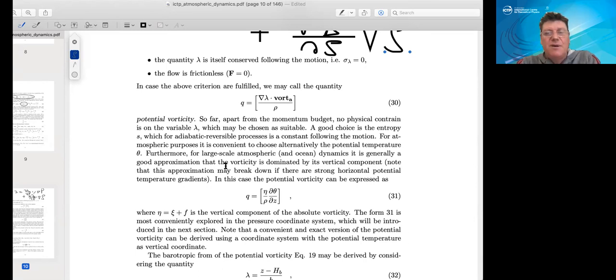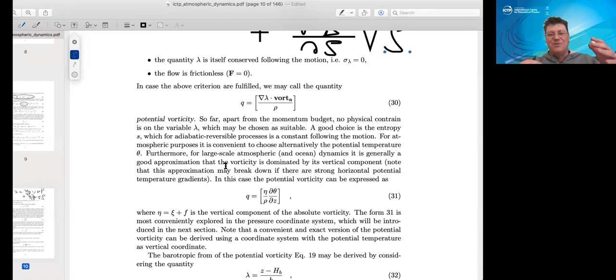And it's very, very important because conserved quantities are very useful. It turns out to be very useful later on also if we think of how the general circulation mixes quantities, because we can only really try to understand a mixing property if we have a conserved quantity that is mixed.